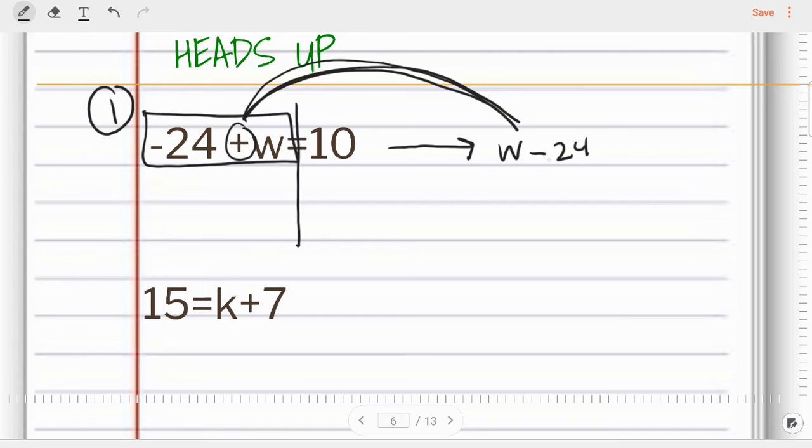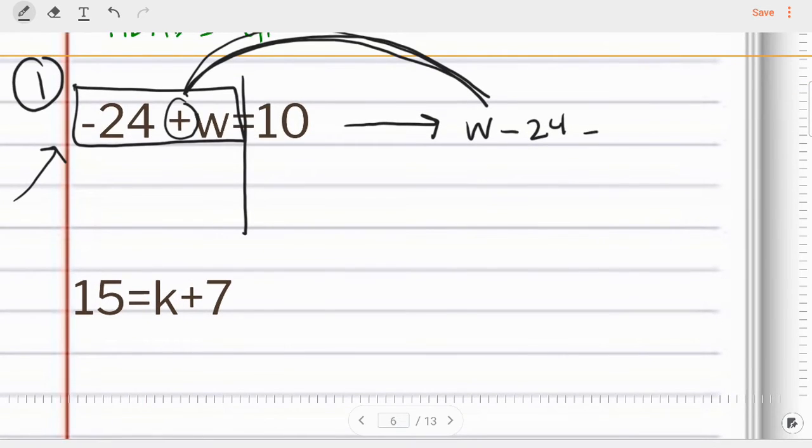Also notice that now we can see that we are not actually adding 24, we're subtracting 24. When I was looking at this problem right here, it says that we're adding a negative 24. So the trick on this problem is to rewrite it so that the variable comes first. And then undo that operation.